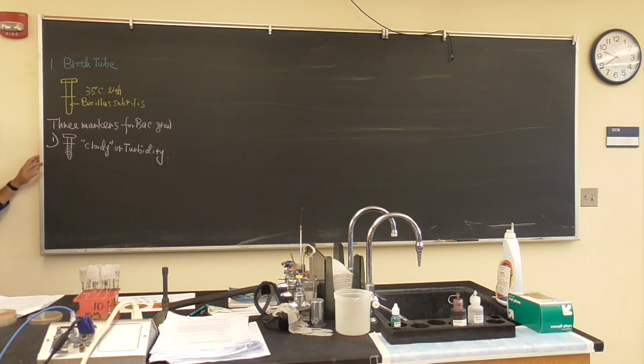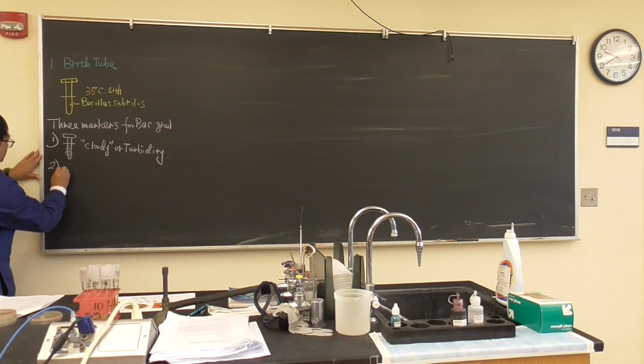And we will mention in the lecture how cloudy, how turbid it is. We could use a spectrophotometer to do the testing to see the OD value. But the only thing we cannot determine is whether the bacterial cells are dead or alive. But if the bacterial broth after incubation looks very cloudy and turbid, it means the bacteria is growing.